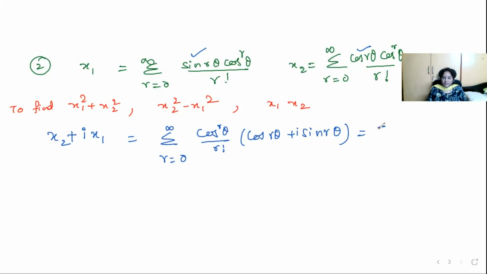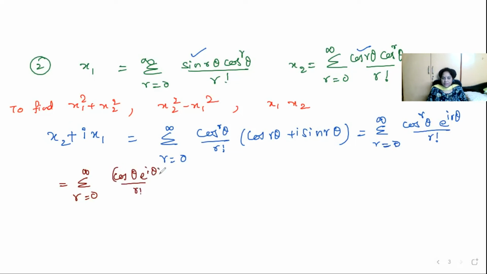This can be written as sigma r equal to 0 to infinity cos raised to r theta e to the power of i r theta by r factorial. Further, we can write this as r equal to 0 to infinity of cos theta e power i theta by r factorial, whole raised to r.